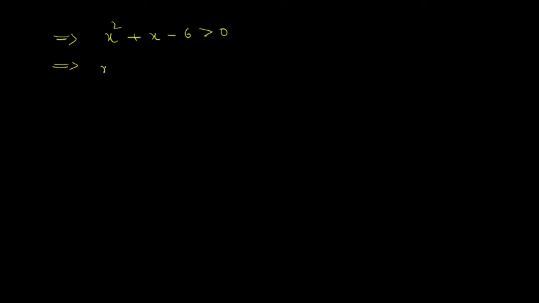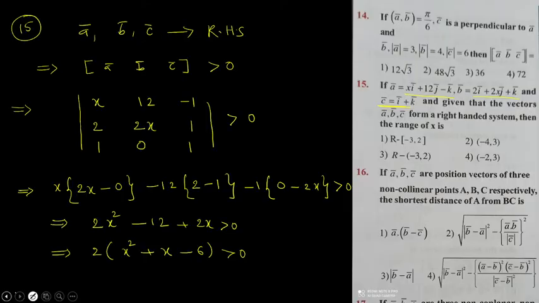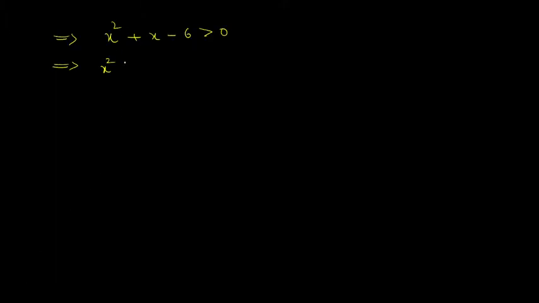See, for x square plus x minus 6, the factors are: plus 3x minus 2x minus 6 greater than 0. Taking x common, x into (x plus 3), minus 2 into (x plus 3), greater than 0.